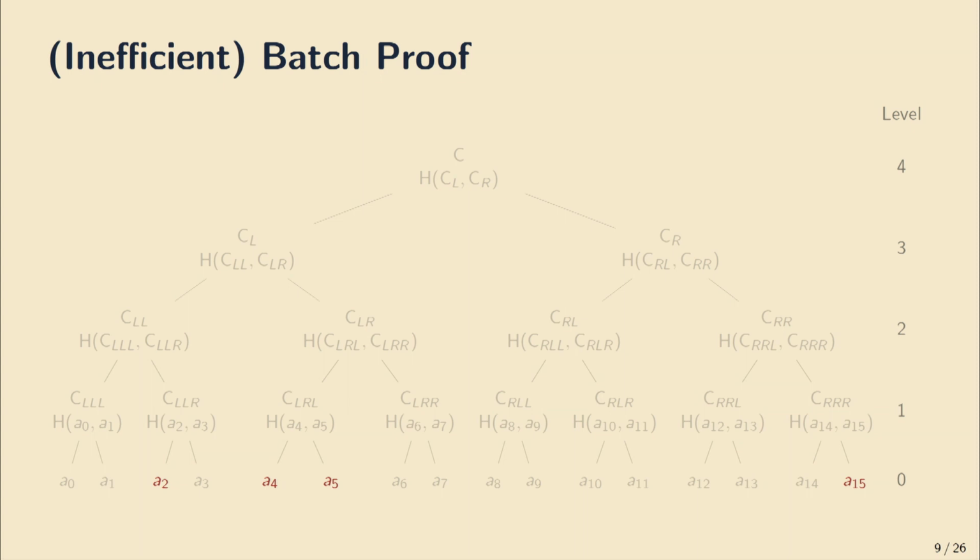I'm just making it easy for the presentation, right? So we provide the membership proof for A2, for A4, for A5, and for A15. Okay, so you can figure out all these hashes correspond to the union of the membership proofs of the individual elements at the leaves. Right, so this is an inefficient batch proof.